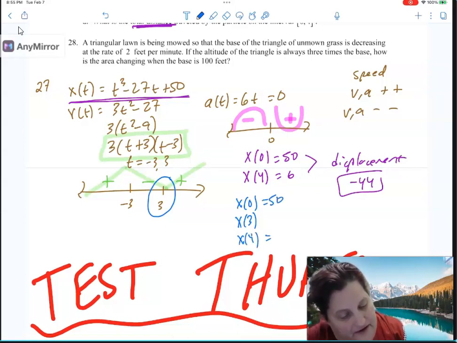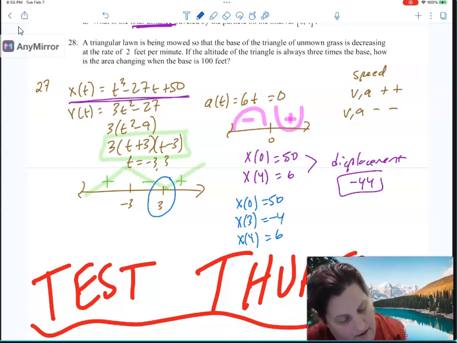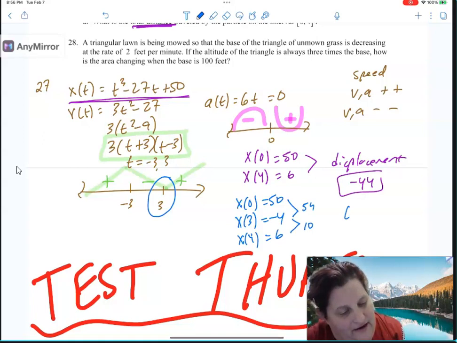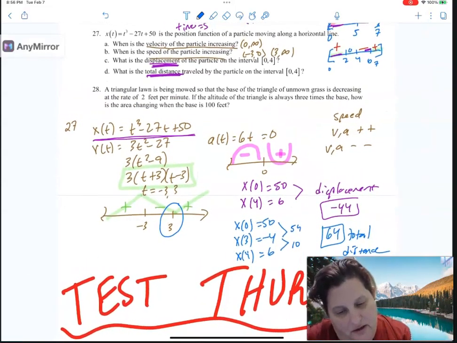Well, this is 50, this is 6, and at 3, if I plug that in, that's going to be -4. So from 50 to -4, it went a total of 54. From here to here, it went 10. So 64 is the total distance. That's how I can find total distance. That's going to be 64.